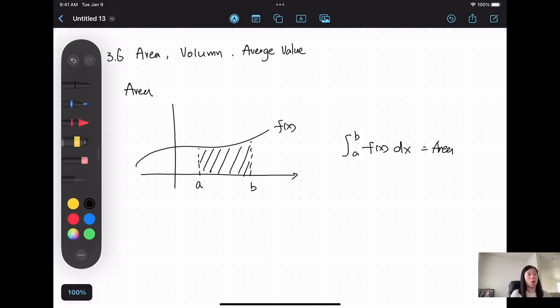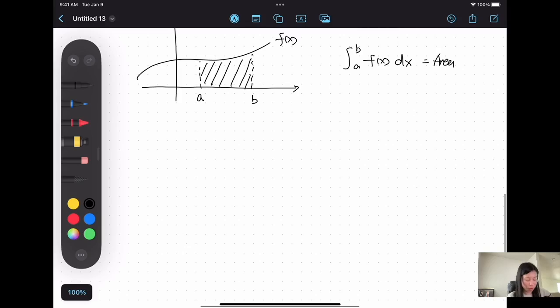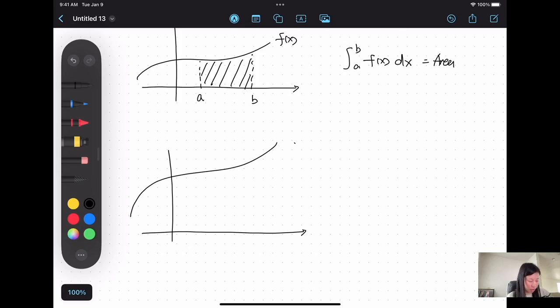Okay, so what about the area between two curves, between two functions? Say I want you to find the area. So this is our f(x) function, and then I will have another one, this is the g(x) function, and I want you to find the area between these two functions from a to b, which is the highlighted part.